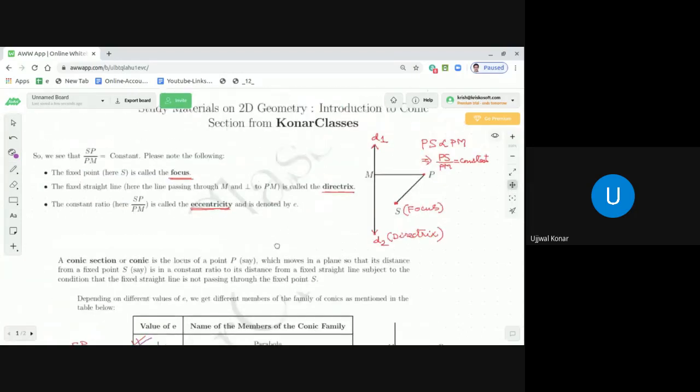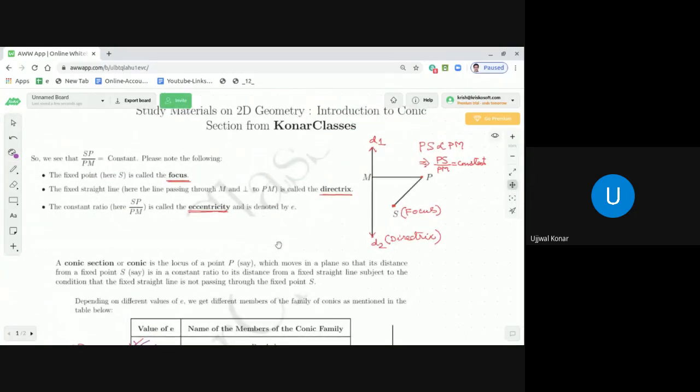about the conic. And during that discussion of locus, we were introduced to three terminologies: focus, which is the fixed point, then directrix, which is the fixed straight line, and the eccentricity, which is the ratio of the distance of the variable point from the fixed point to the fixed straight line.